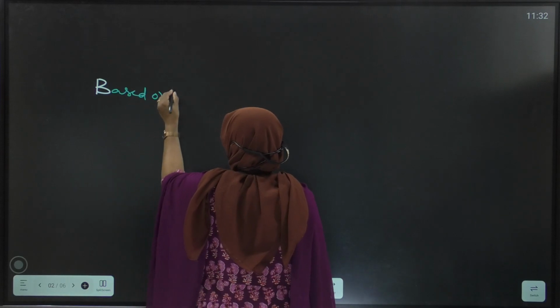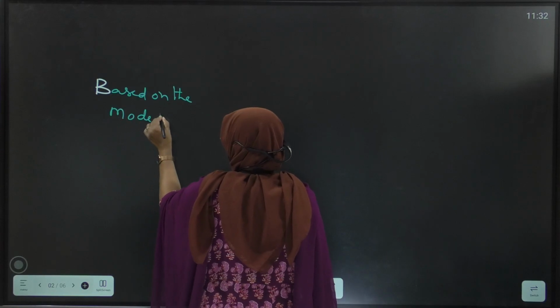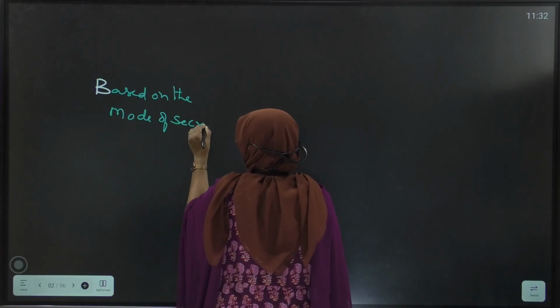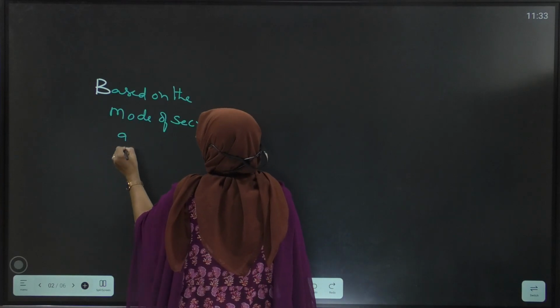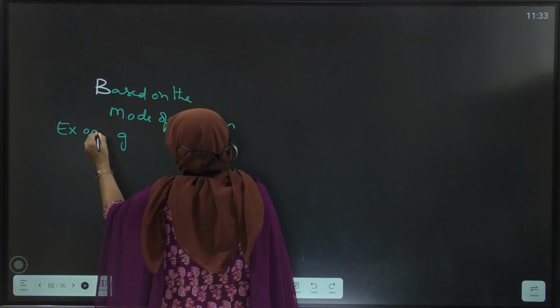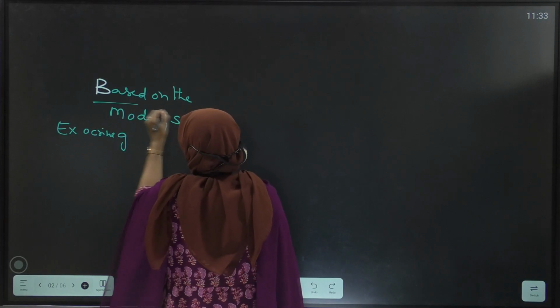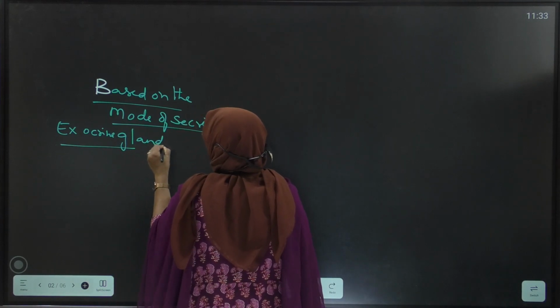Based on the mode of secretion, exocrine glands are of three types.